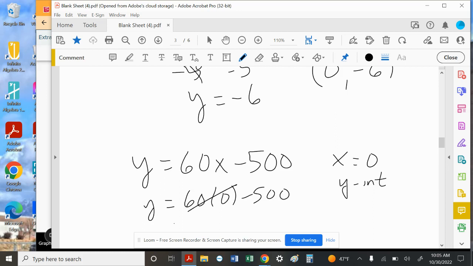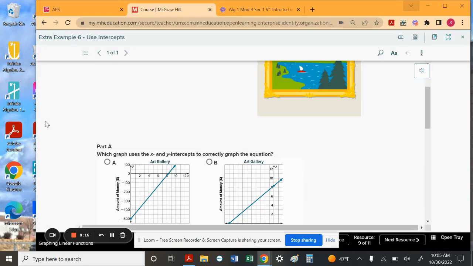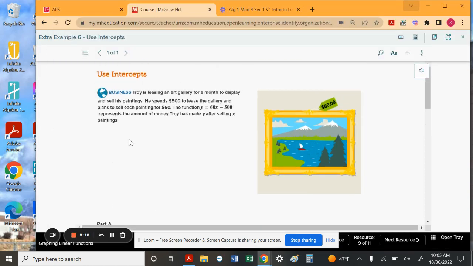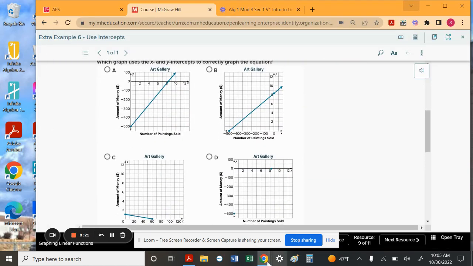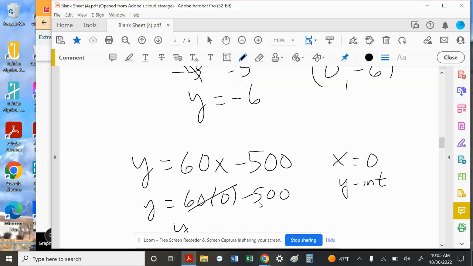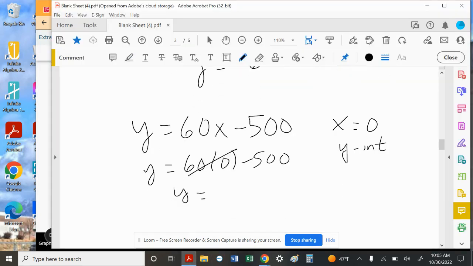Of course, that disappears. Was that minus 500? Yeah, minus 500. We're trying to figure out how much money we spend. That's okay, I was just questioning the problem at first. So x is 0, y is negative 500. That's one of my points.